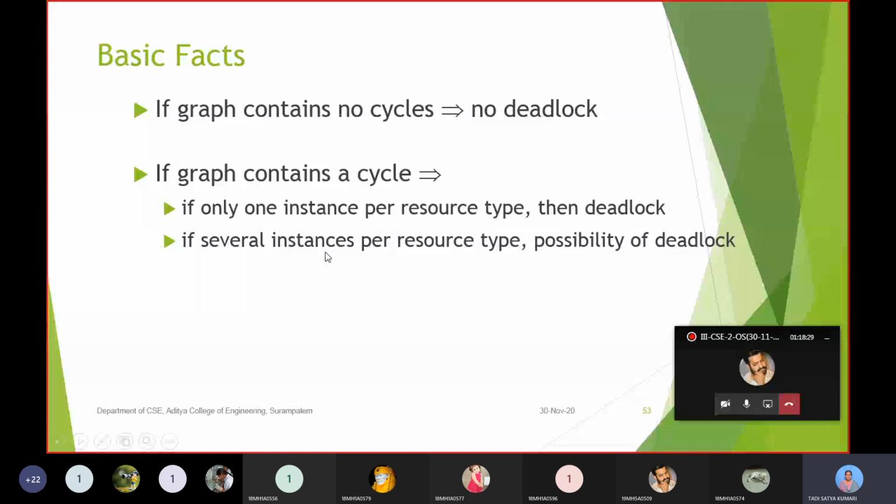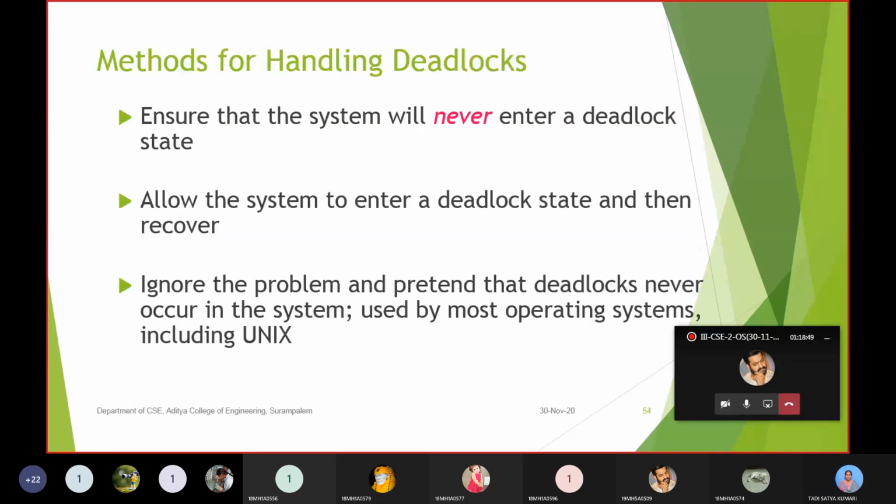If multiple instances are available, there is a chance of occurrence of deadlock. We cannot say 100% that a deadlock will occur. Just there is a possibility. Okay. So these are the basic important things you have to remember regarding the resource allocation graph in the deadlock.